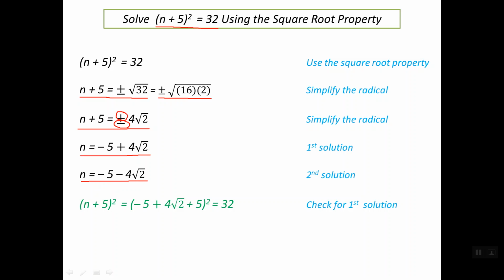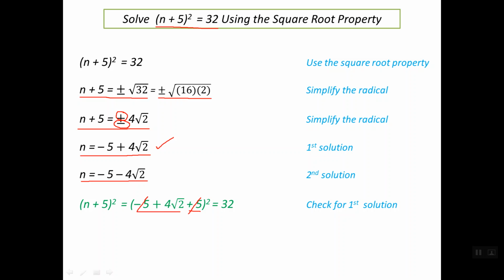Simply we can check for the first solution, which is n equal to minus 5 plus 4 times the square root of 2. So n plus 5, this is the value of n, and this is the plus 5, all squared. If you see here, minus 5 cancels with plus 5.